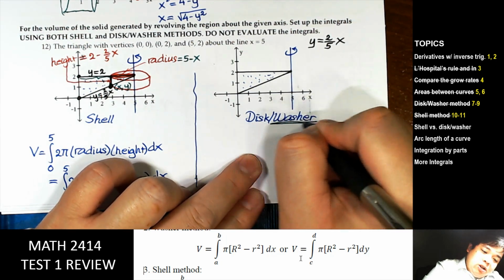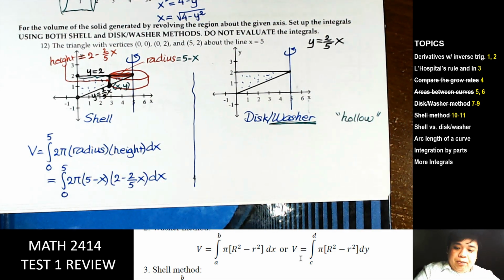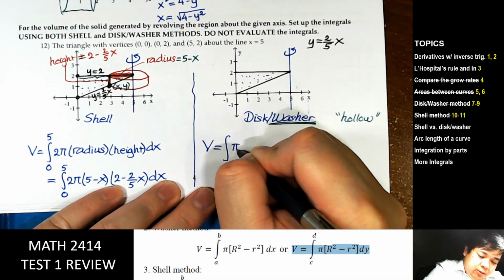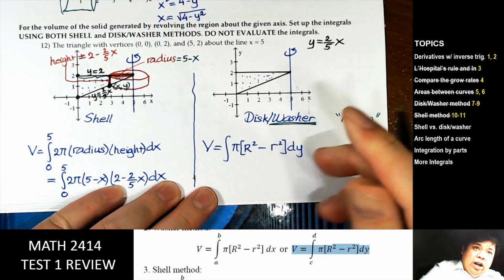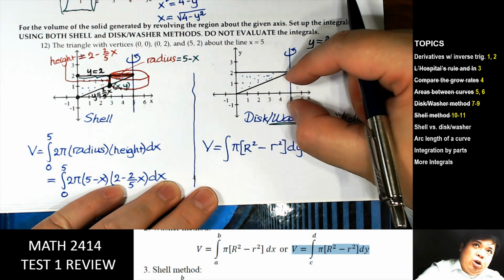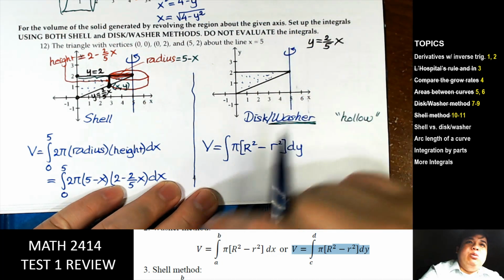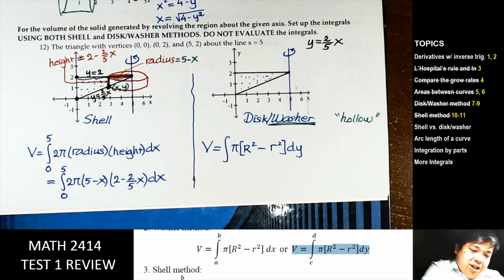So it's going to be a washer, the washer method that involves dy. Again, we stack the increment parallel to the axis of rotation, and that's going to be dy. This little segment goes along the axis of rotation.